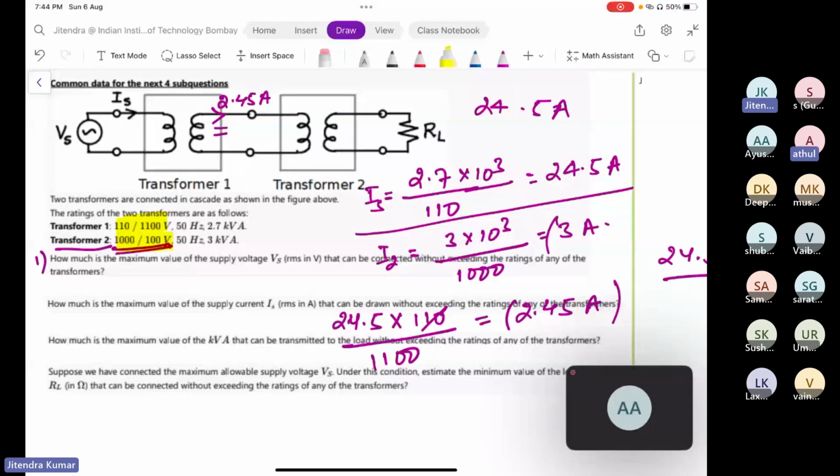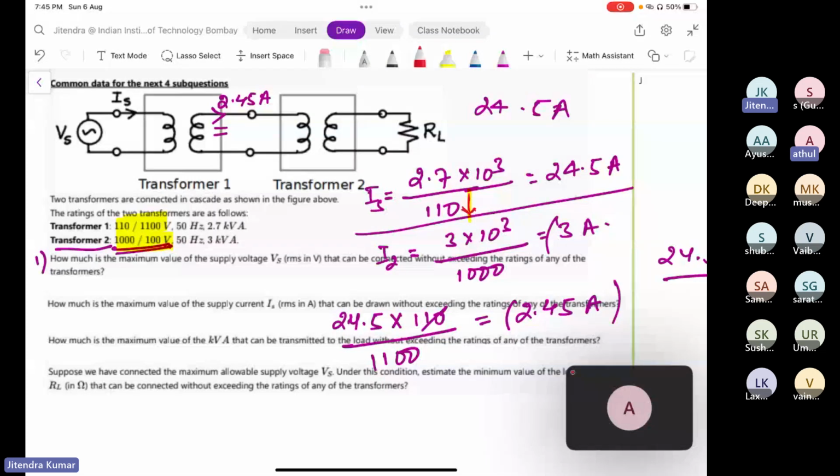Yes. Sir, can you explain once more? Yeah. So when we are given the rated voltage and rated current, and you are trying to find out from the transformer's rating, you must always operate the expression with the rated value of voltage. See, if you reduce this rated value of voltage, your IS will keep increasing. But we want the maximum value which the circuit can withstand, and that will be the rated current, right?